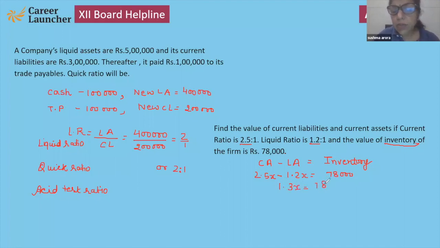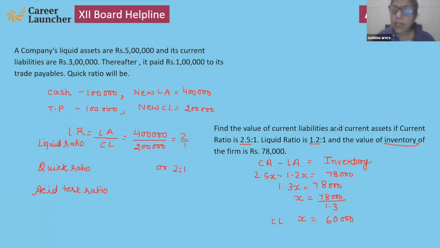Now 1.3x is equal to 78,000. x is equal to 78,000 divided by 1.3, that will be 60,000. x means current liabilities.